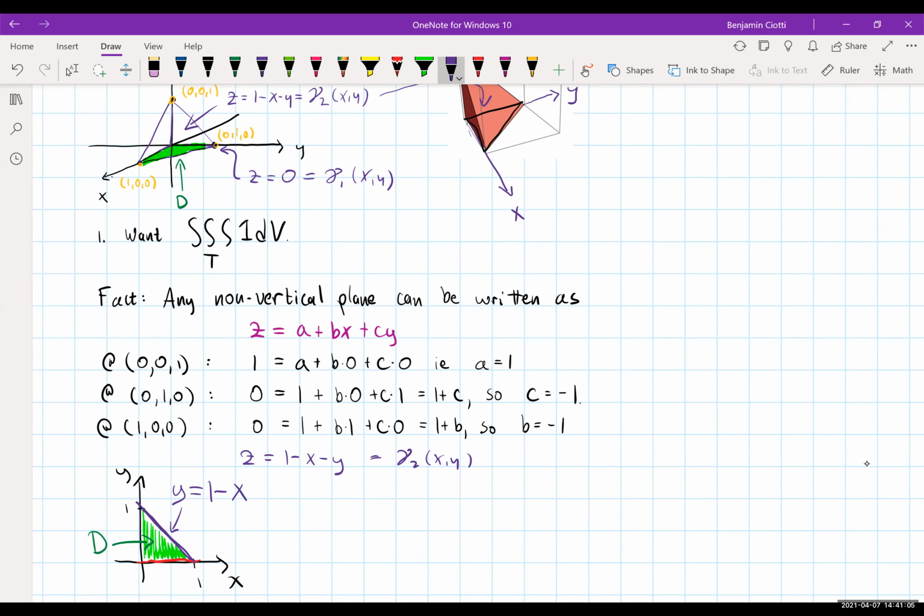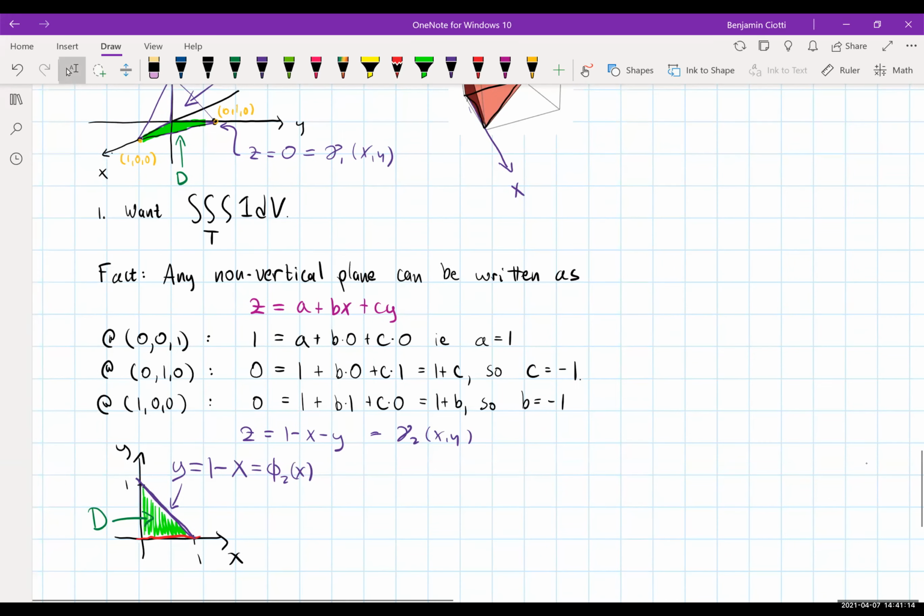That's the line y equals 1 minus x. That's like my phi2 of x. The bottom here is the line y equals 0. So that's like my phi1 of x.